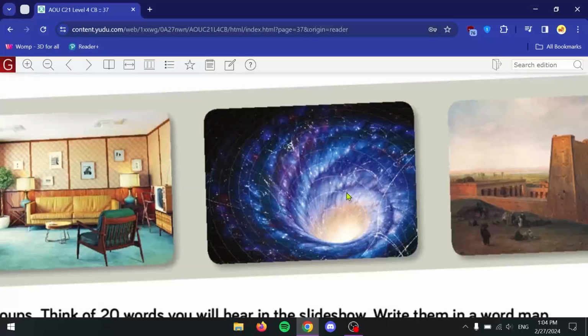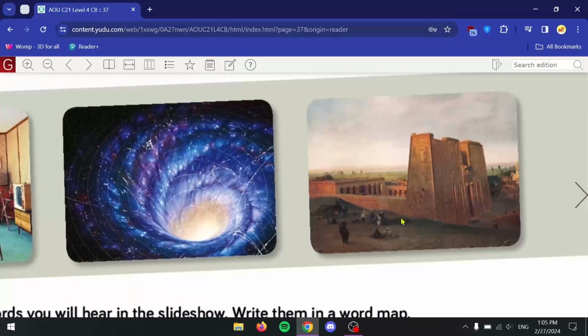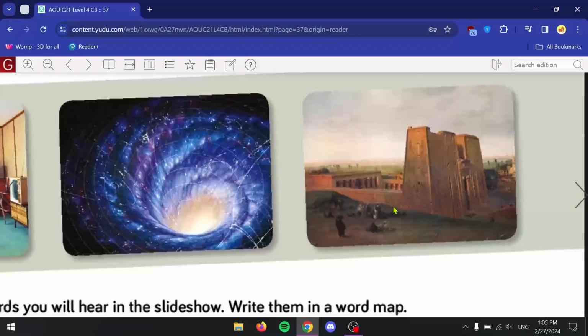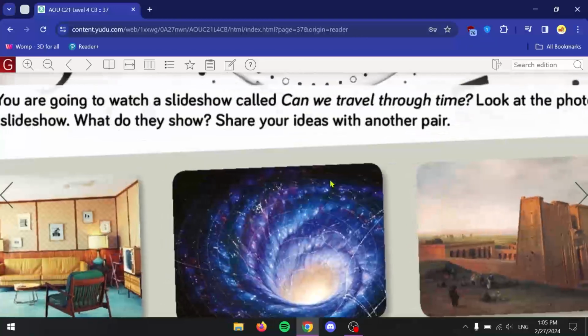Could also indicate time travel, perhaps. Again, not really sure, but it does look like a black hole or traveling through space or time. For the third one, if I had to guess, this one is a lot more old school, so it's probably, I don't know, 16th, 15th century or something like that. Looks very old. So that's what I get from this picture.